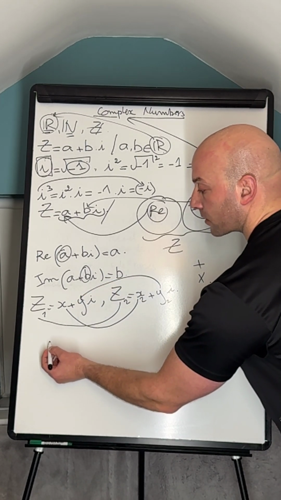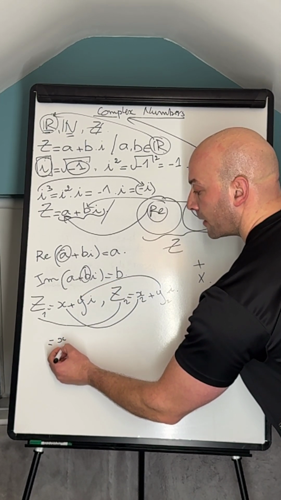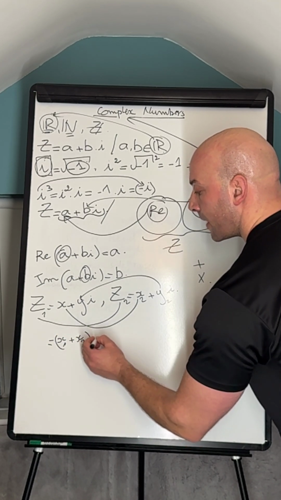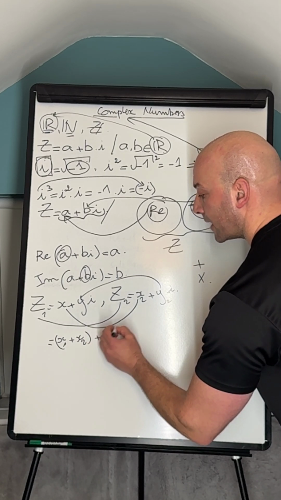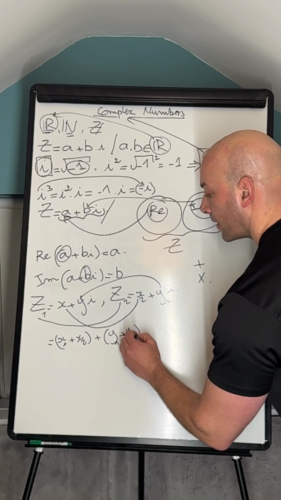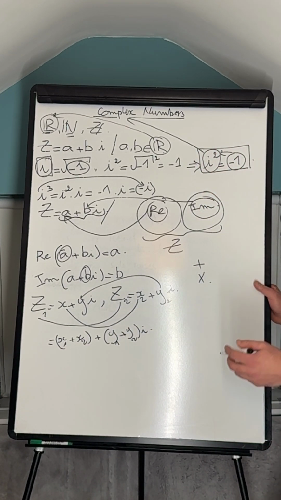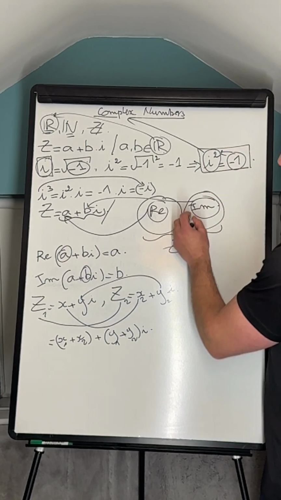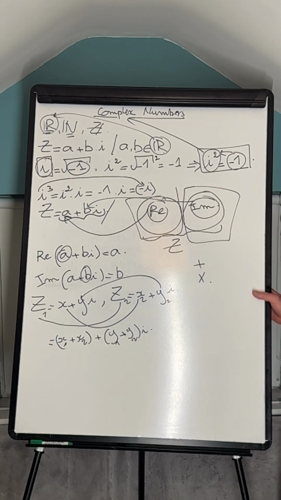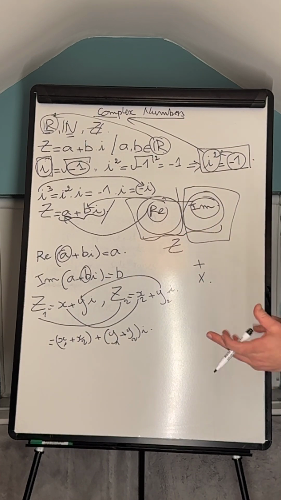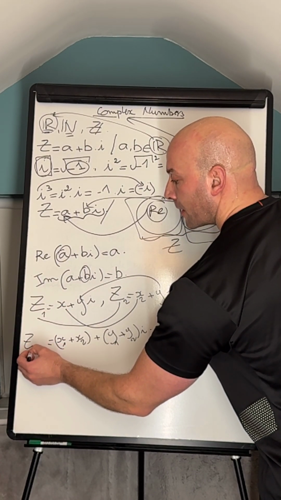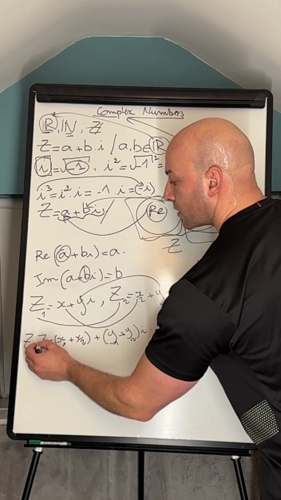It's basically equals x1 plus x2, plus y1 plus y2 i. We can't add a real part with an imaginary part. They are completely different groups, as you can see in our formula here. I just write it to understand things properly and make it simple for you. Now this is basically z1 plus z2.